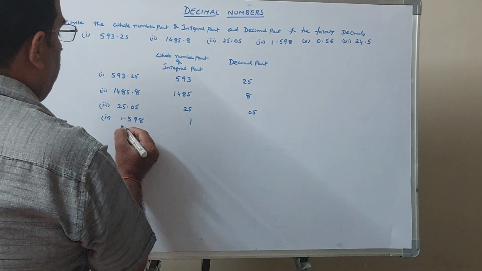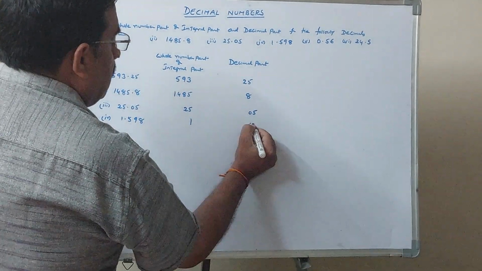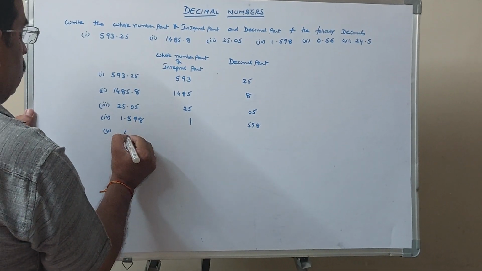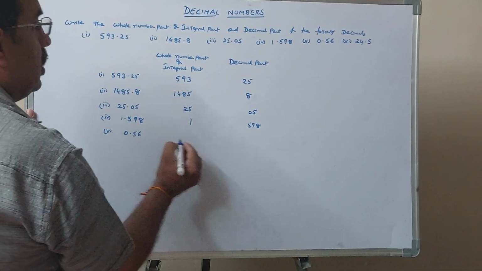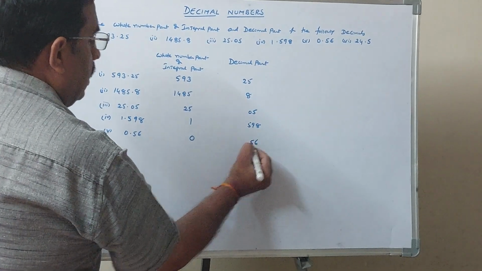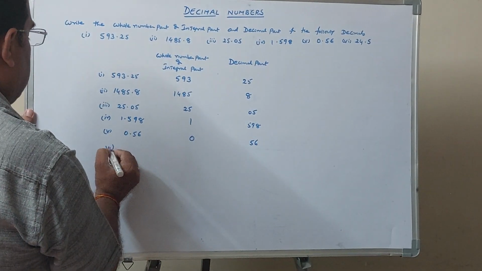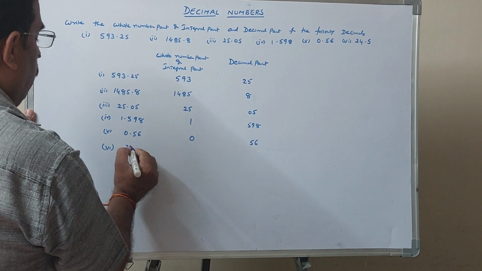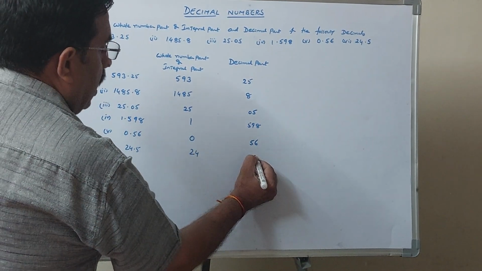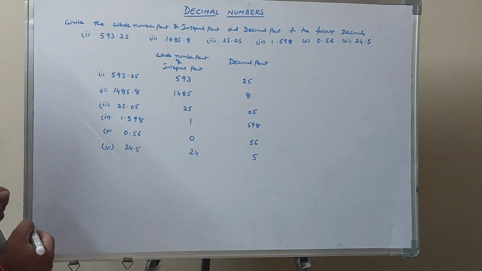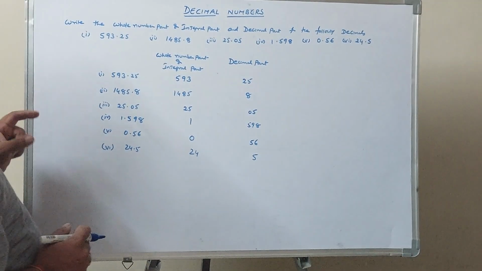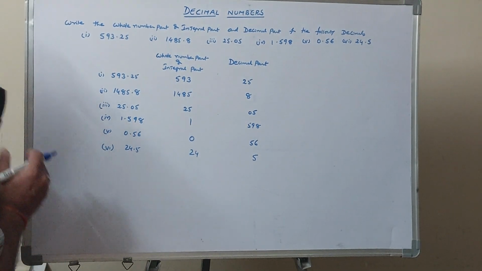So 1 is the whole number, integral part, and 598 is the decimal part. Sixth one is 24.5. So 24 is the whole number part and 5 is the decimal part. Okay, clear? Pause the video to note it down.